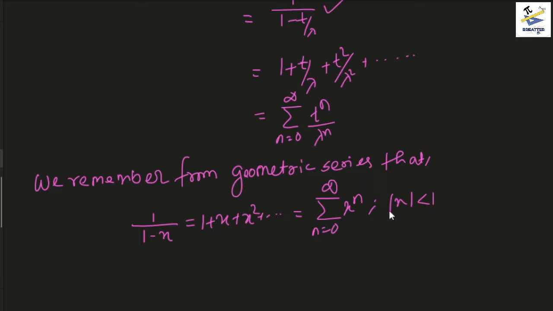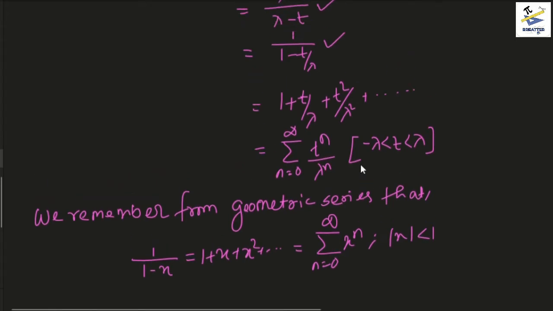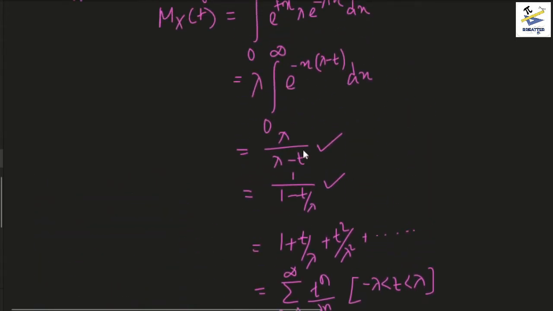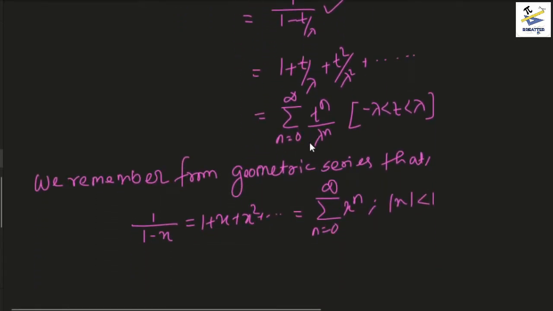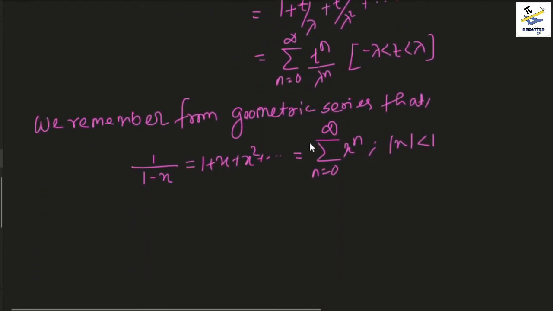This is the condition for the geometric series to work. So here we must have minus lambda less than t less than lambda. When t is between minus lambda and lambda, this MGF can be written as an infinite series as well. Otherwise it always has the form lambda by lambda minus t, which you can always use to find the moment generating function. So this is the moment generating function for the exponential distribution.